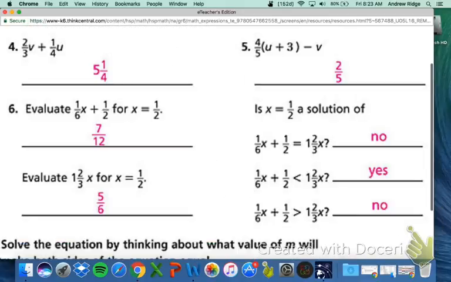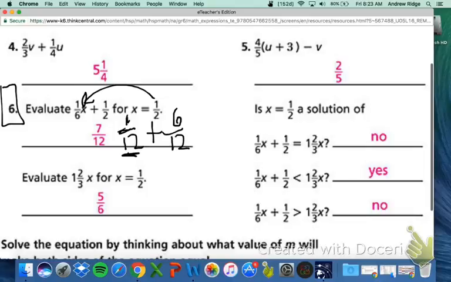Okay, so we need to evaluate for number 6. Evaluate means stick in 1/2 for the x. So we take 1/6, multiply it by 1/2, and we get 1/12, plus 1/2. Now, because I want to add it to this 1/12, I'm going to turn that 1/2 into 6/12, right? And so we come up with 7/12.